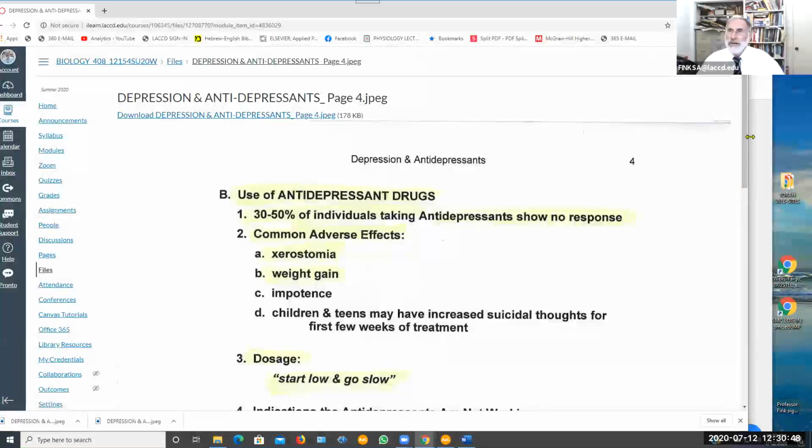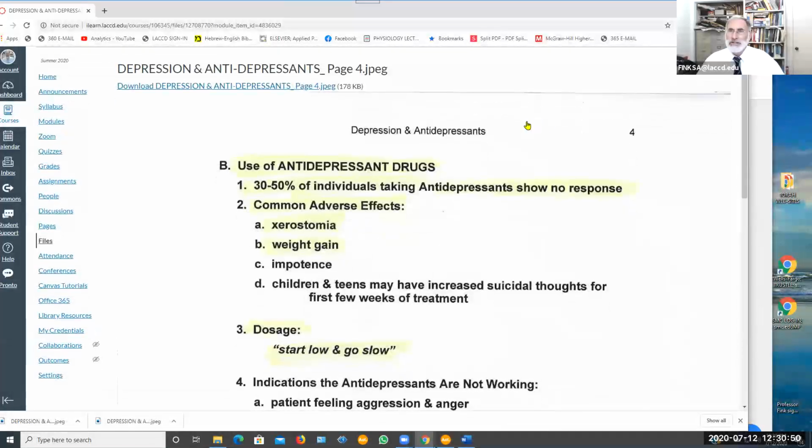Okay, now as far as using antidepressant drugs on page 4, we should point out that as many as 50% of the population who take antidepressants, they may not work. So 30 to 50% of individuals who take antidepressants may not show any response.